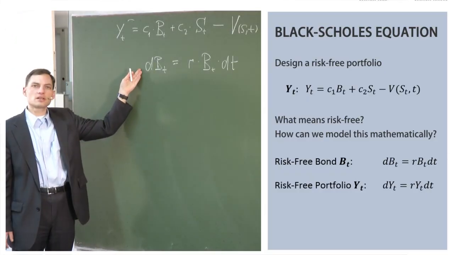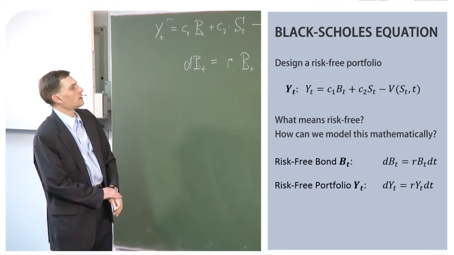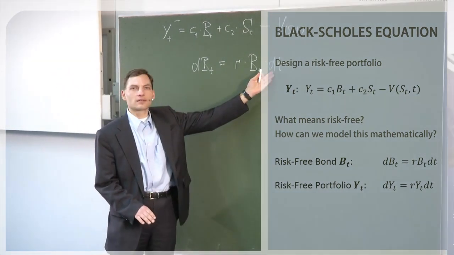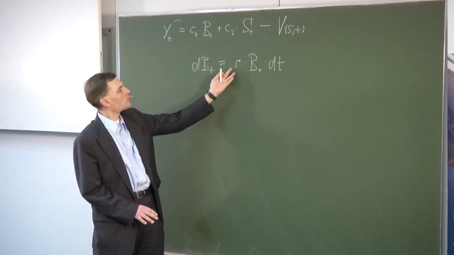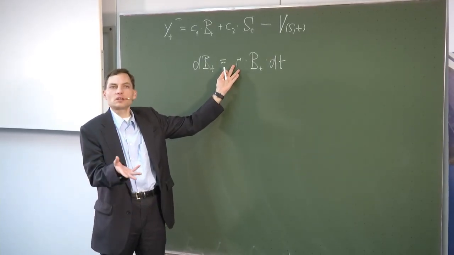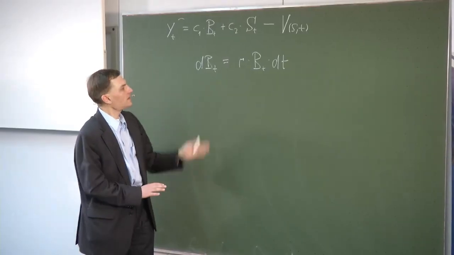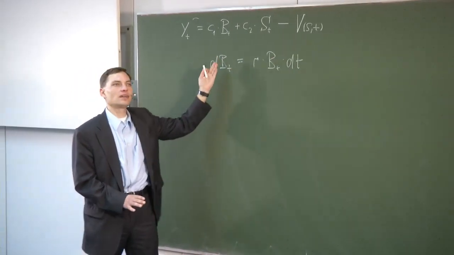This equation is a first order differential equation. There's no stochastic part. It's deterministic. And the growth of the bond price is just by this parameter R. It's risk-free because the risk-free interest rate is given. And this is a way to describe the development of a risk-free asset in mathematics.